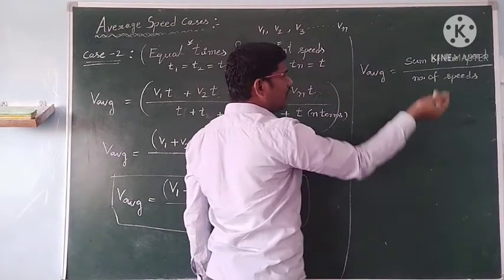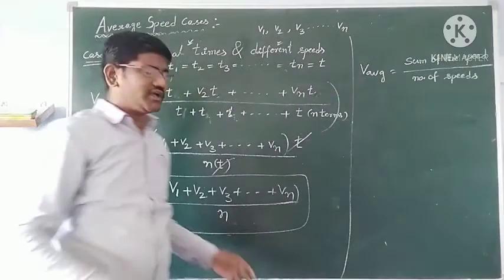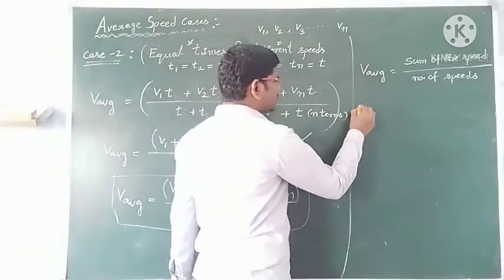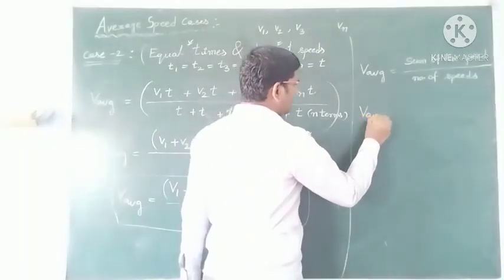This is also called the average of all the speeds. That is called V average.